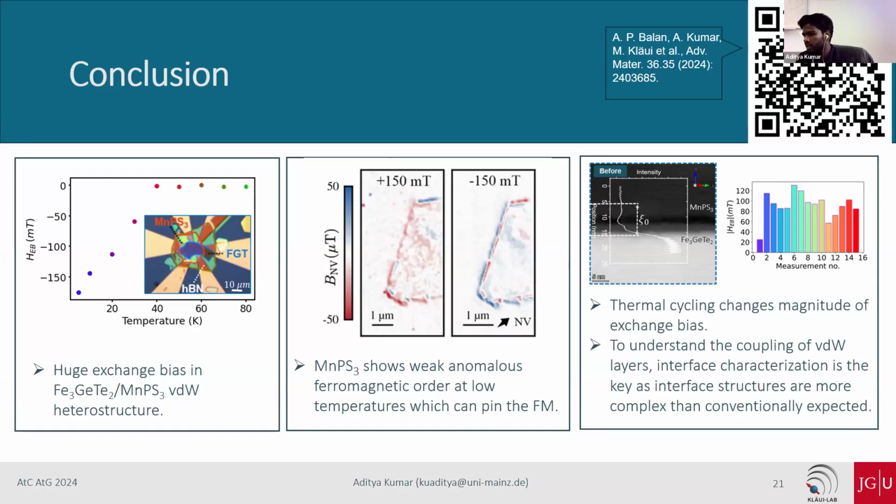The idea was to check what the interface is. It's a question in the literature: if 2D materials are forming a flat interface, why are we getting exchange bias? So the purpose of the study was to explore that. And we showed that this is happening because of the spin reorientation transition, and it is also possible that the interface is not really clean.